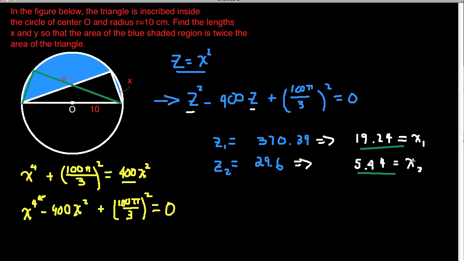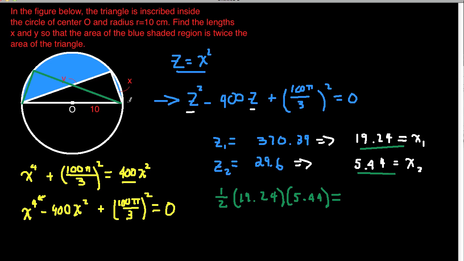Remember I said one of these is x and one is y. So you need to compute 1/2 times 19.24 times 5.44, and you find what that equals. That's the area of the triangle.